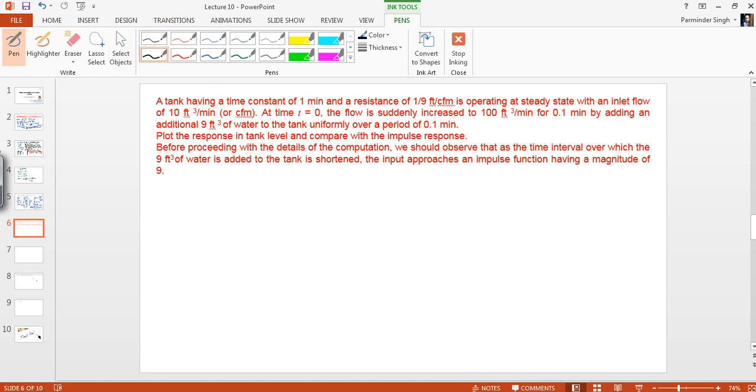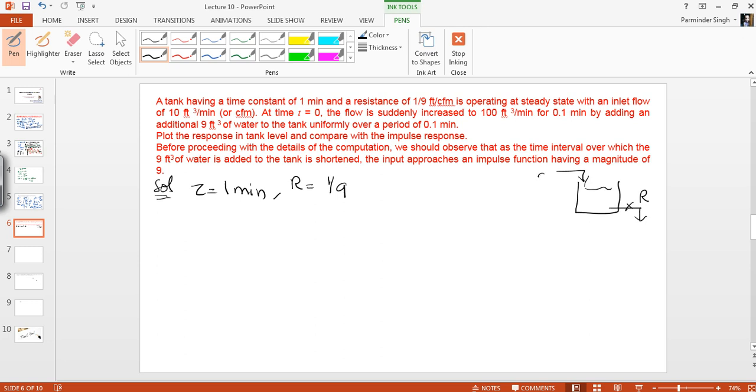Now let's write down the solution over here. The time constant is given as 1 minute, and a resistance is given, which is 1 by 9. The tank is operated at steady state with an inlet flow rate of 10 feet cube. So in the tank there is an inlet, there is an outlet, and there is a resistance over here.